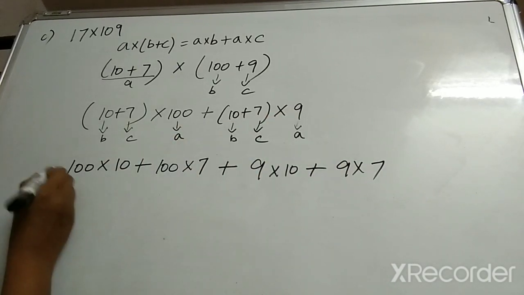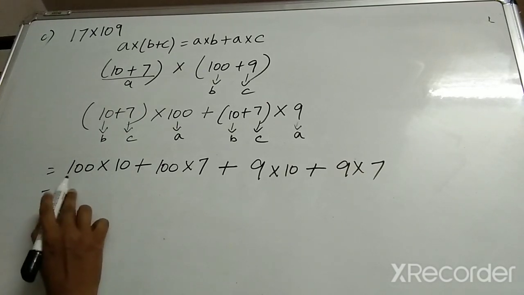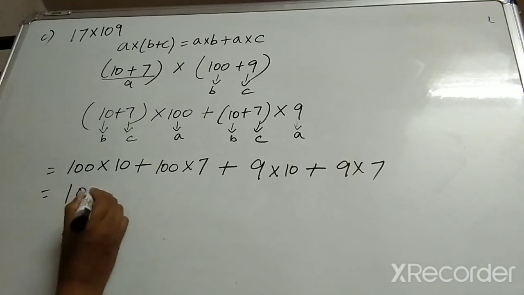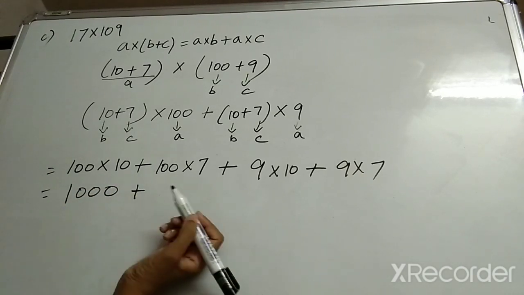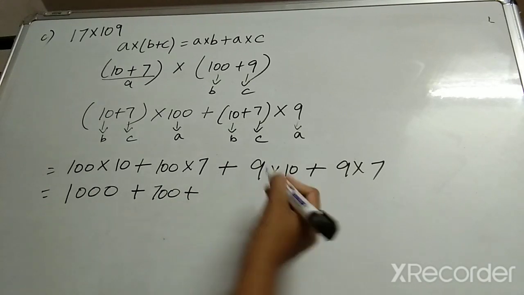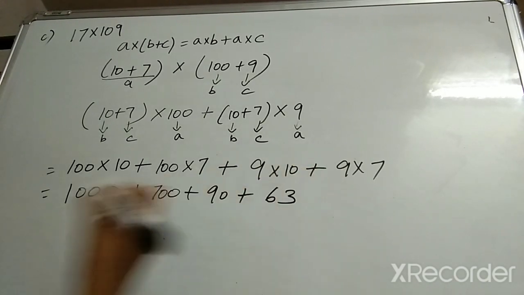Now BODMAS, we have to do multiplication first, then comes addition. So 1 into 1 is 1. How many zeros are there? 3 zeros. So I am adding 3 zeros, plus 100 into 7, 700, plus 9 into 10 is 90, plus 63. Clear?